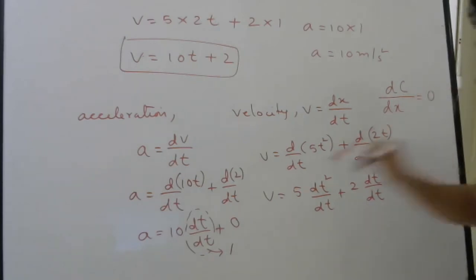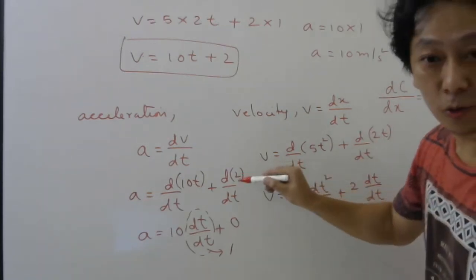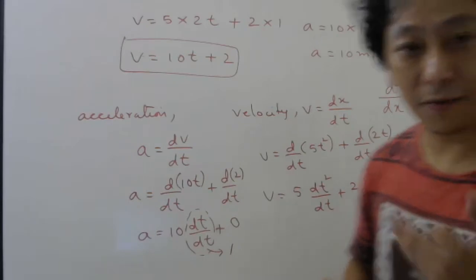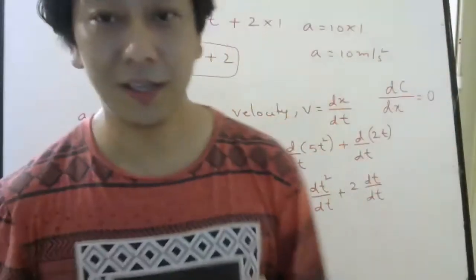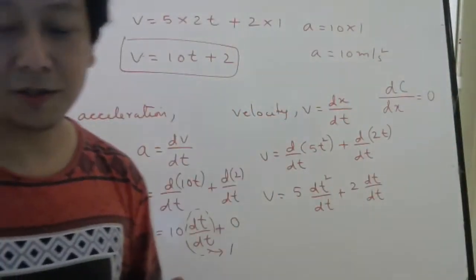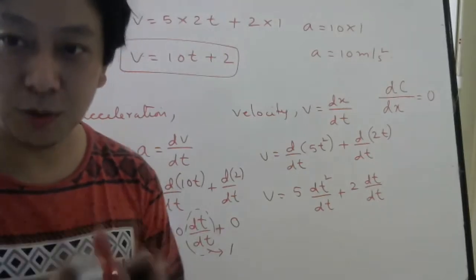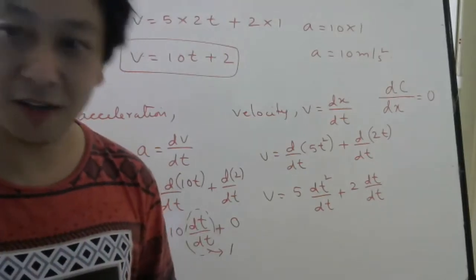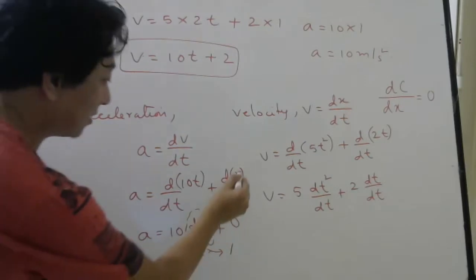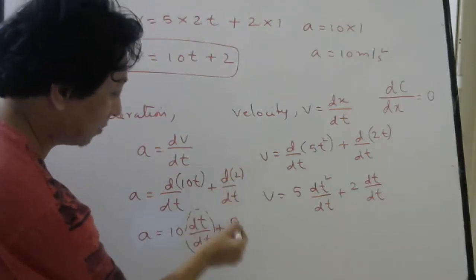So since 2 is a constant, 2 will be 2 only. Tomorrow after 1, what will you say? 2 only. Day after tomorrow also, after 1, you have to say 2 only. So 2 is a number. Numbers are constant. So that is why, since it is a constant, differentiation will be 0.